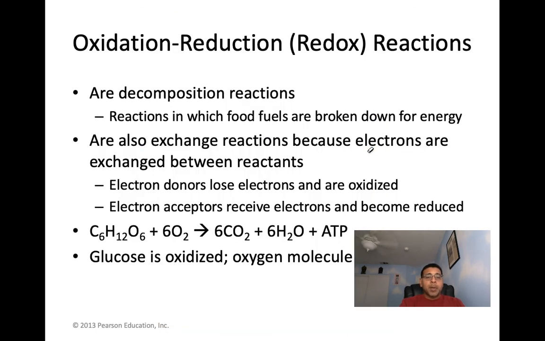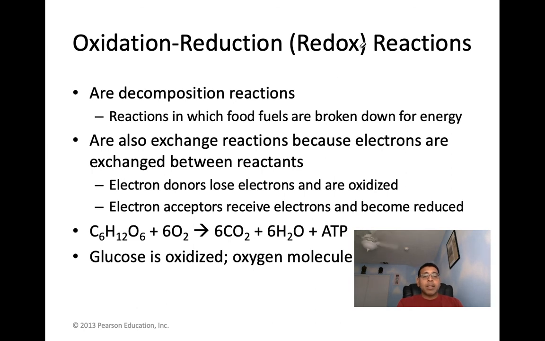Next up we have oxidation reduction reactions, or redox reactions. They are decomposition reactions. They are the basis of all reactions in which food fuels are broken down for energy. In these reactions, the reactant losing the electrons is referred to as the electron donor, and we say it's been oxidized. You have to know how to use those terms.